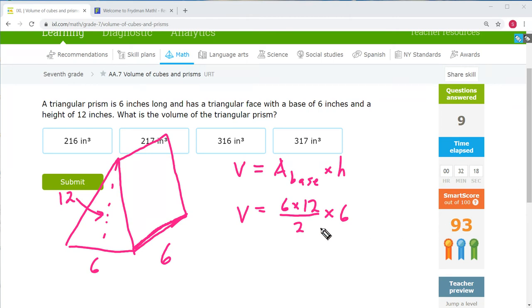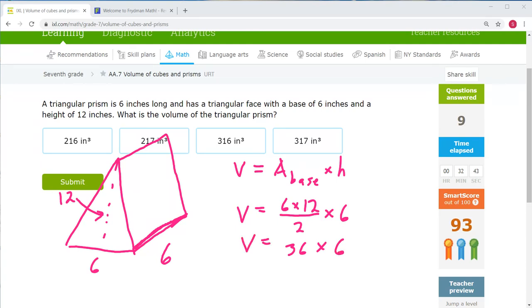In my head, what I did was just 6 divided by 2, which is 3, and 3 times 12 is 36. So that's another way you could have done it. You could have also done 12 divided by 2 is 6, and 6 times 6 is 36. So we have 36 times 6 over here equals V.